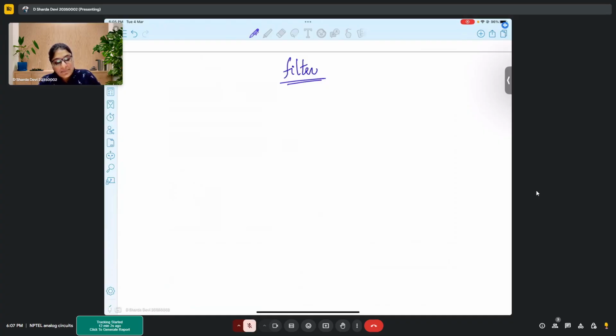When we talk about a filter, the idea is the same as in layman's terms. We know what a filter is: in general, a filter basically separates something out, right? In our real life, we use filters.